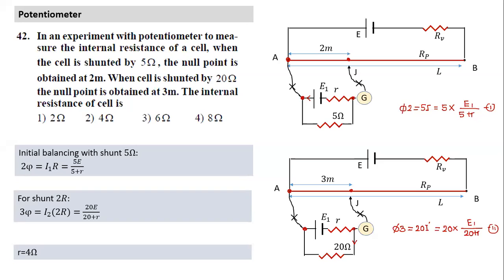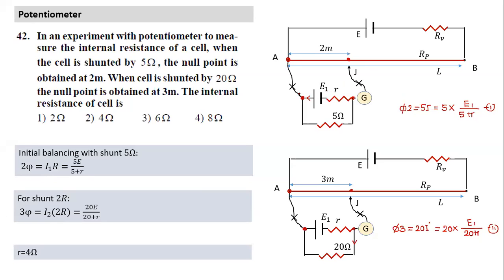So 2 things are key here: understanding of potential gradient, and, whenever the secondary circuit is connected, equating the potential drop here and the potential drop here. If these things are understood, that is all that is needed in case of potentiometer. So somebody asks, what are the key points to be understood in potentiometer? Potentiometer has a primary circuit, and in many cases it will have a secondary circuit.